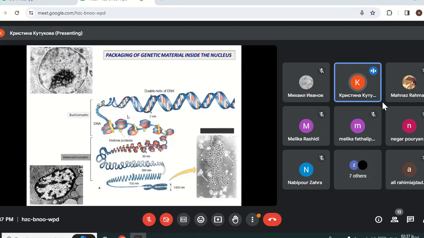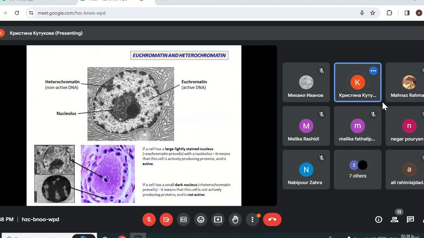So different portions of DNA are packed in different degree of compactization. And as a result, we have some lightly looking areas, which are called euchromatin, and more dark looking areas, which are called heterochromatin. Heterochromatin areas are more densely packed DNA.